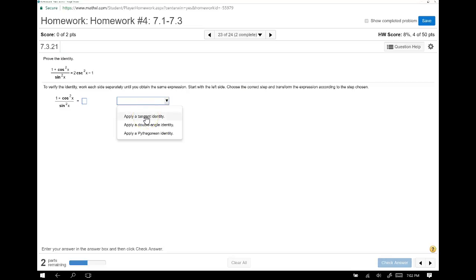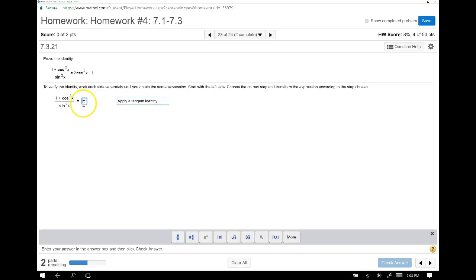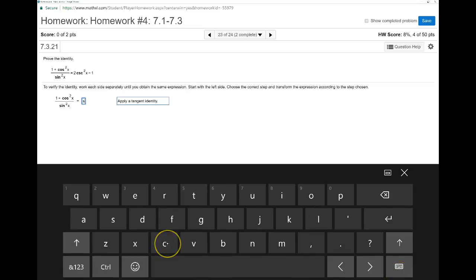Unless they're wanting us to skip a bunch of steps, I could apply a tangent identity and I could separate this fraction into 2 pieces. I could say 1 divided by sine squared, that's cosecant squared. And I don't know if it's going to like this, just because it's so picky about what it wants us to do. It wants us to do exactly its way.